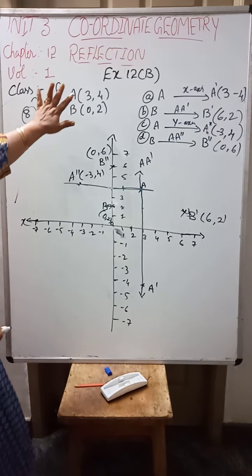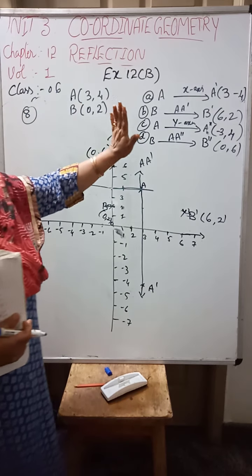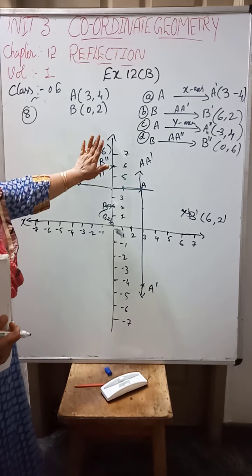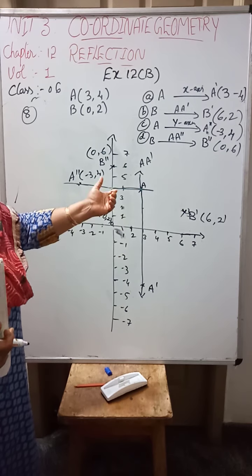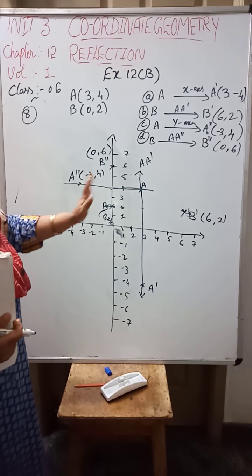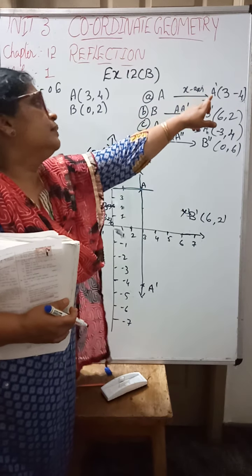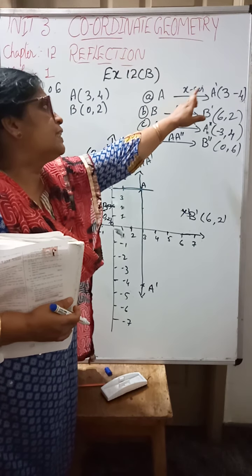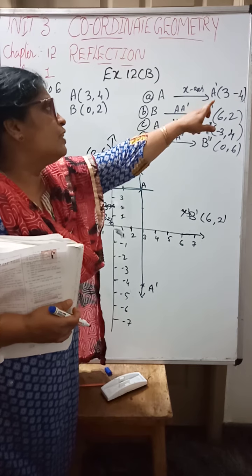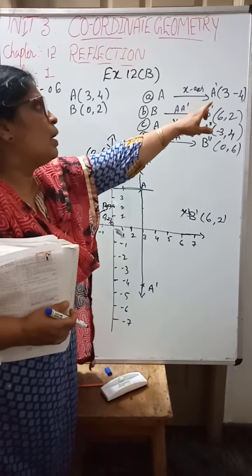Now you come to know all the four. Please carefully go through this problem once again from the beginning of the video. You will understand well. A reflected in the x-axis gives A dash and its coordinates become (3, -4).